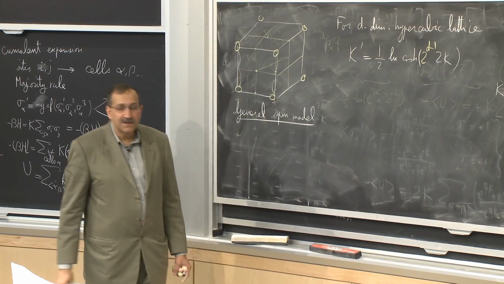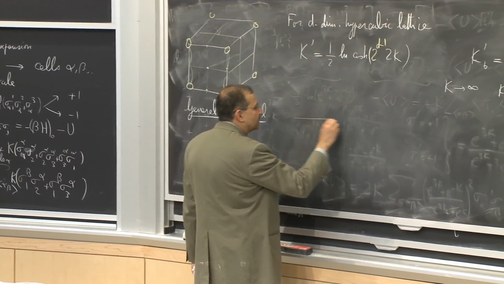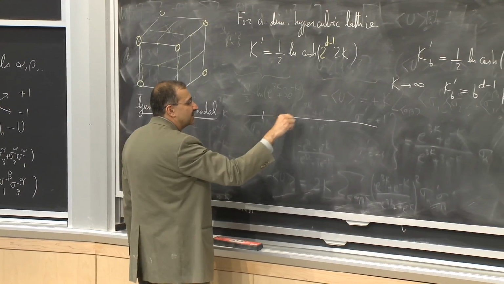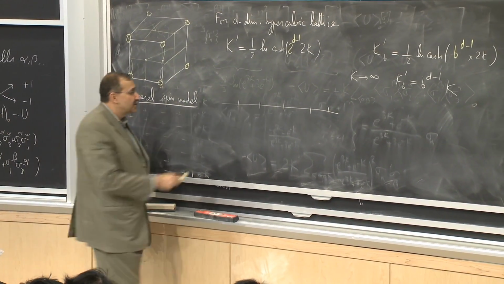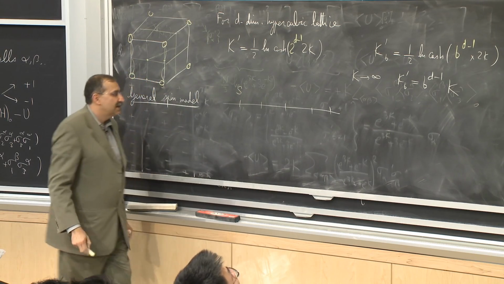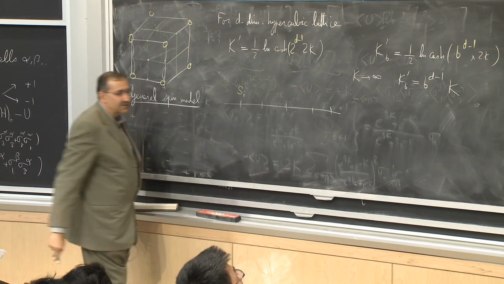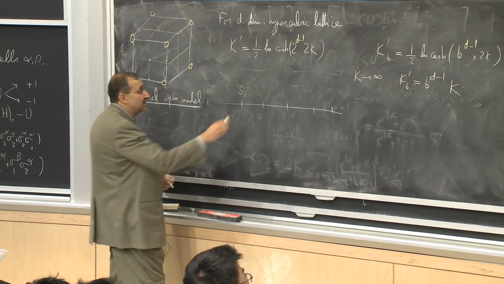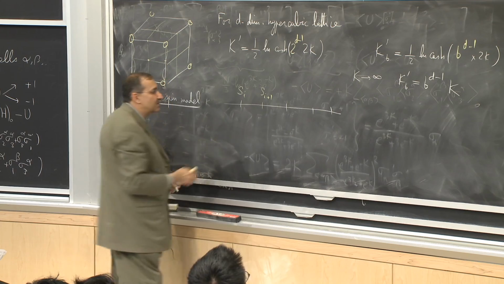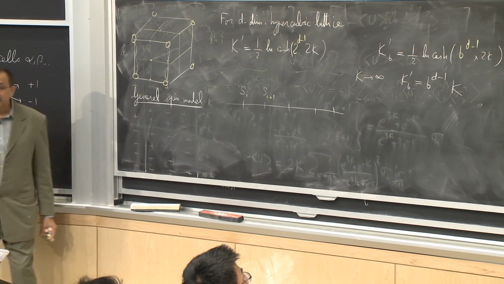So let's imagine that we have some kind of a model that in 1 dimension, at each site, we have some variable Si that I will not specify what it is, how many variables, how many values it takes, but it interacts only with its neighboring sites.